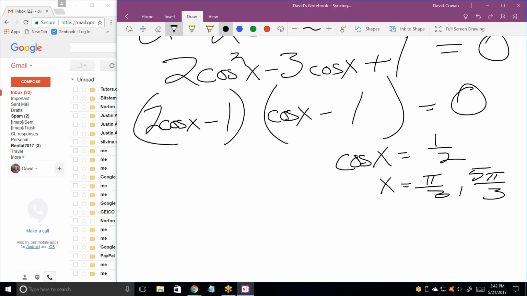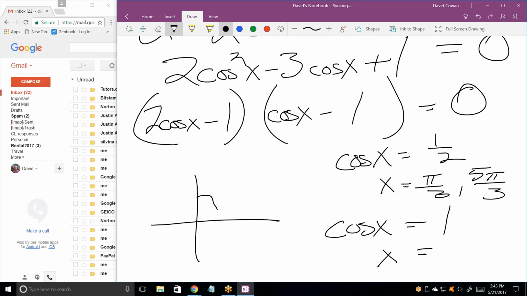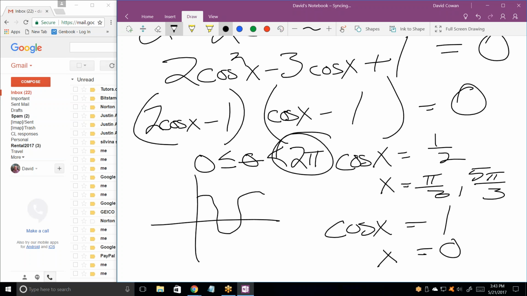And the second one, cosine x equals 1, where? Again, look for only one solution. It's just pi. No? It's just 0, sorry. Or would you just put 2 pi instead of 0? No, it's just 0. And the reason is that when they restrict the domain, they write it like this. In other words, 2 pi is not part of the domain.